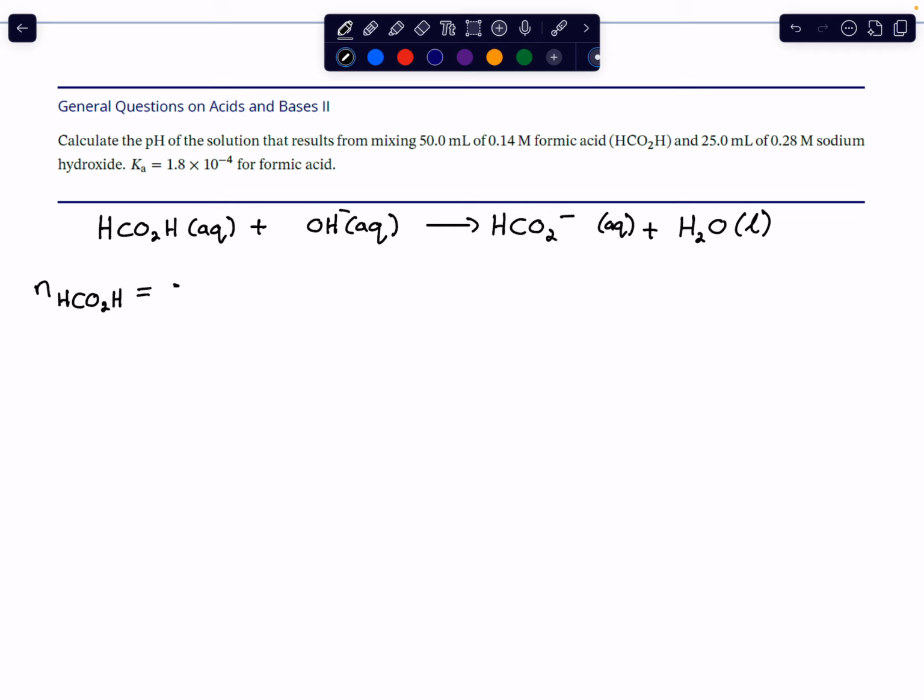The number of moles is equal to the concentration times the volume. Remember, the volume needs to be in liters. We're working in molar, and I got a value of 7.0 times 10 to the negative 3 mole formic acid.